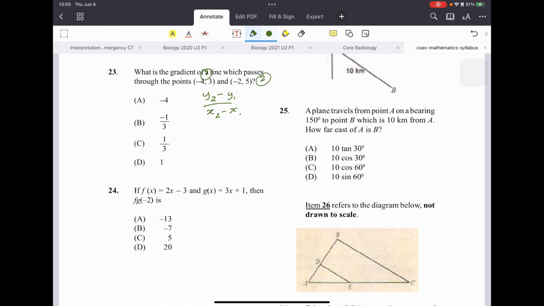So y2 is going to be 5, y1 will be 3, x2 will be minus 2, and we are minusing minus 4, right? So remember that that's going to have to change to a plus sign. So 5 minus 3 is 2, and minus 2 minus minus 4 is minus 2 plus 4, which is also 2. So that could cancel out and you'll get 1.